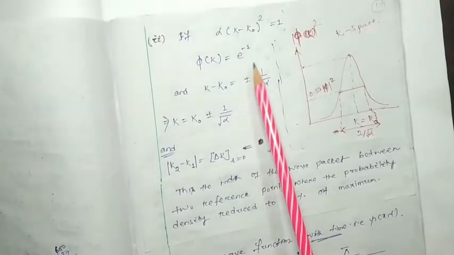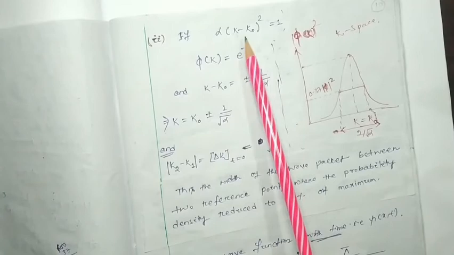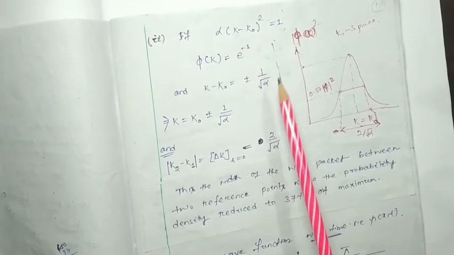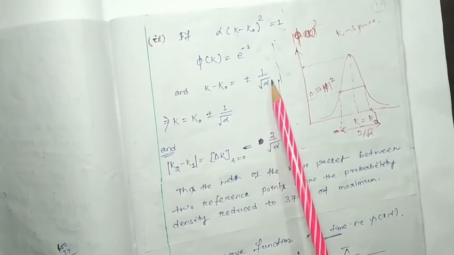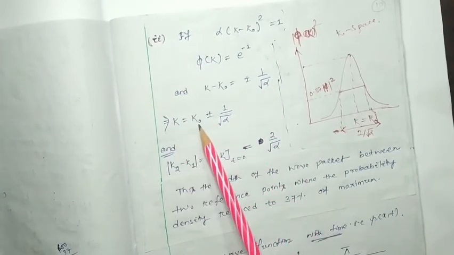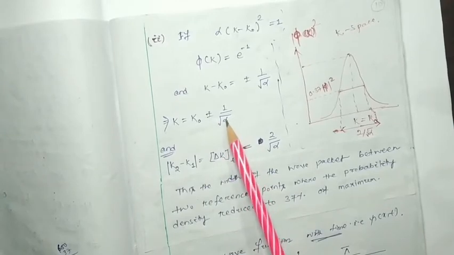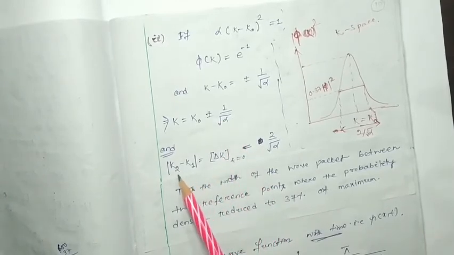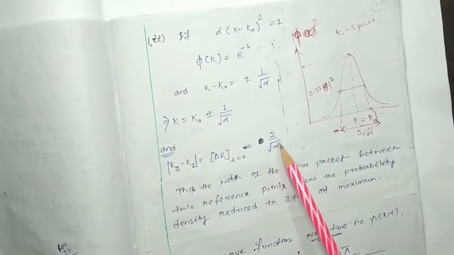So hence k minus k0 will be equal to plus or minus 1 by root over alpha, or k equal to k0 plus or minus 1 by root over alpha, and this k2 minus k1 will be nothing but 2 by root over alpha.